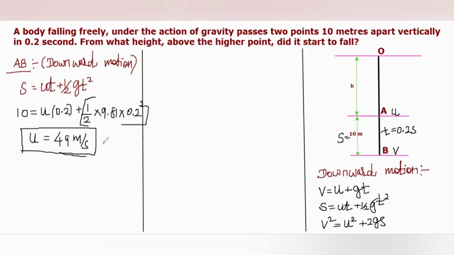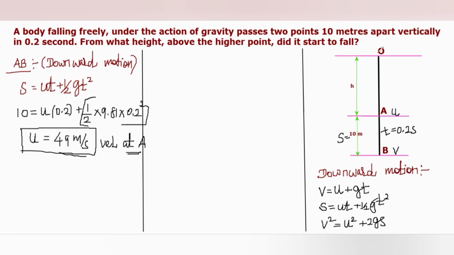So this is the velocity at point A. First we have taken the segment AB. The distance is 10 meters, time 0.2 seconds. Then in this motion, substitute all the values, and by simplifying and calculation, we get the value of U equal to 49 meters per second.